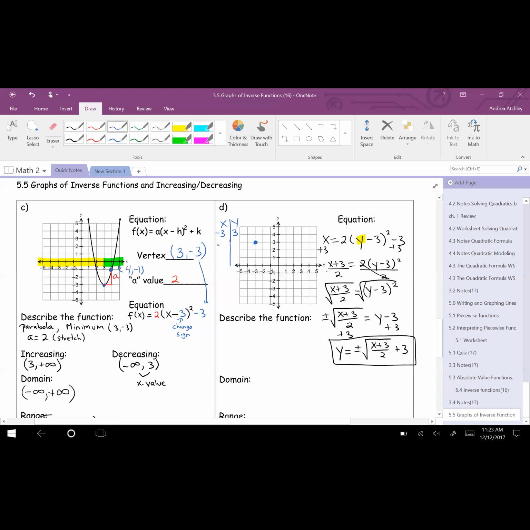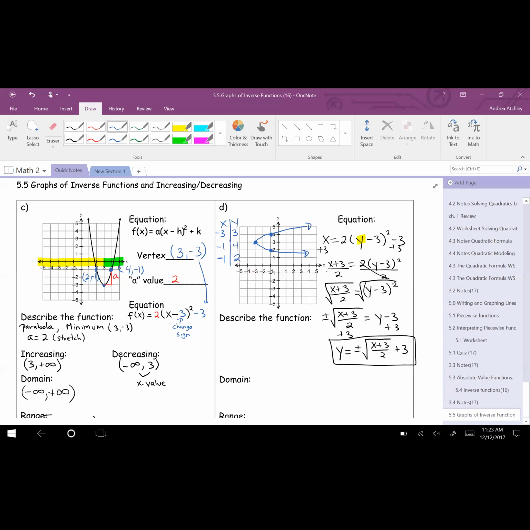So I'm going to have negative 1 and 4, where x is negative 1 and y is 4. Then my next point will be over here at 2 for x and negative 1. So I'm going to have negative 1 and 2. So that'll be my beautiful parabola. Any questions over that?